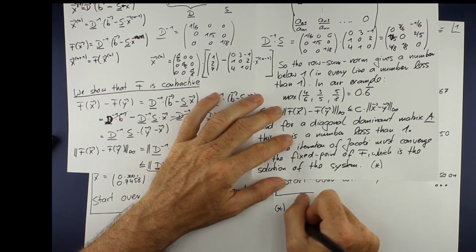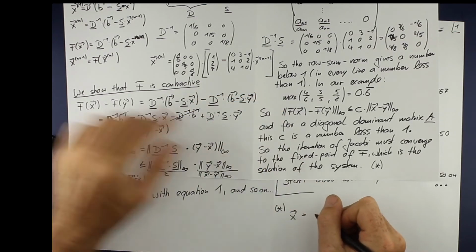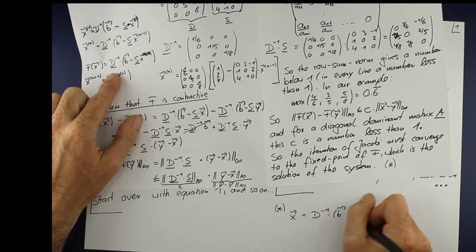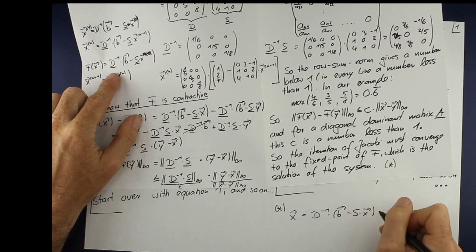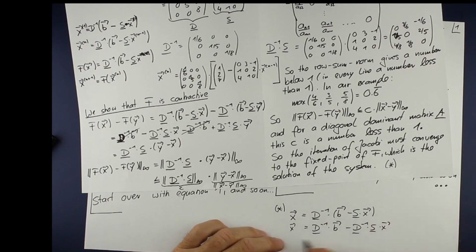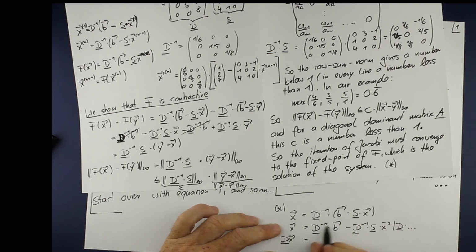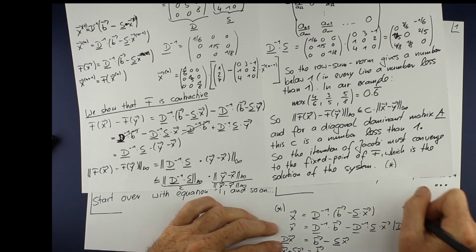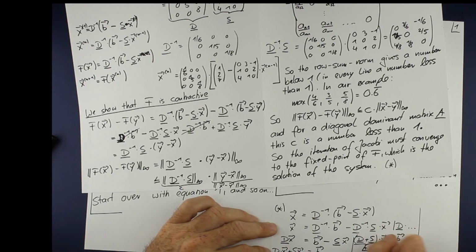The fixed point means that x is the same as D inverse times b minus S times x, and then we can expand, and then let's multiply by D. D times D inverse is identity times b is b, and here again the same, and then we can bring that to the other side, and this is A, and so we have A times x is b.